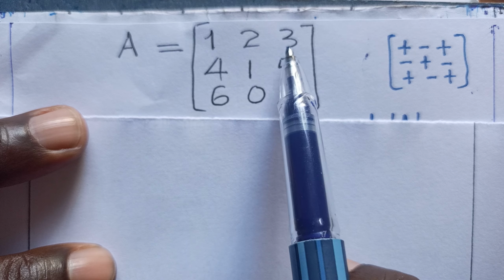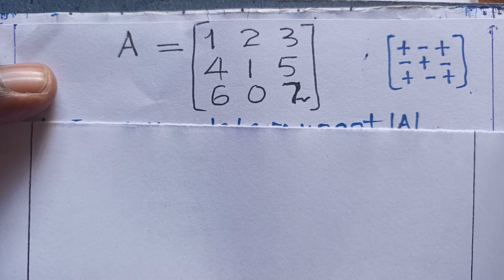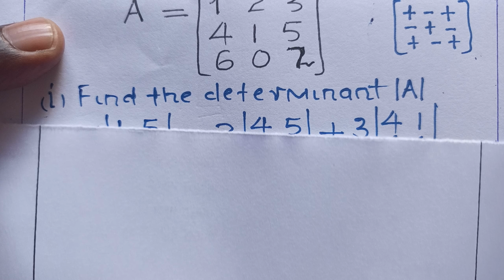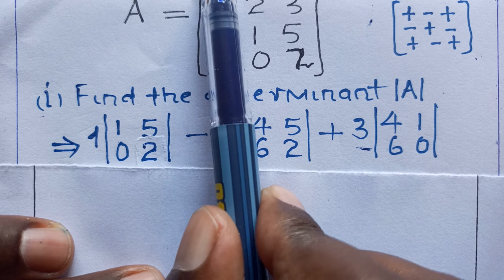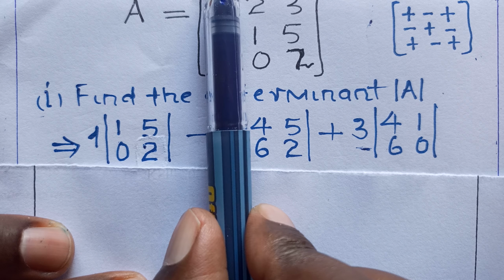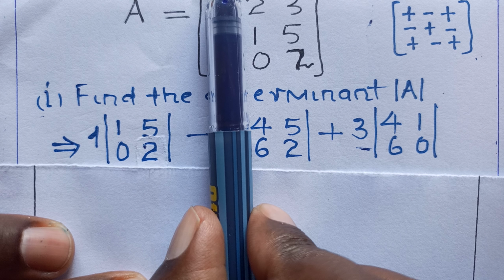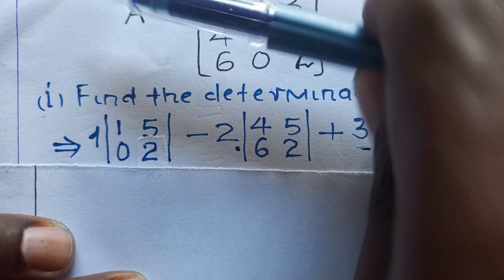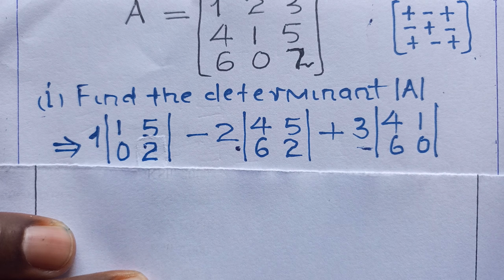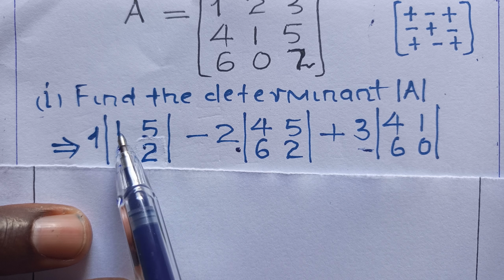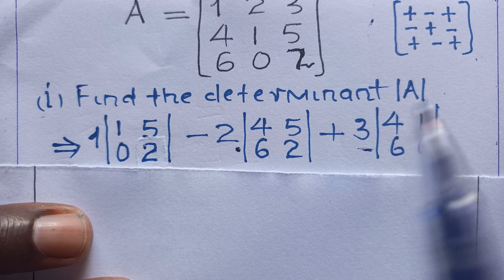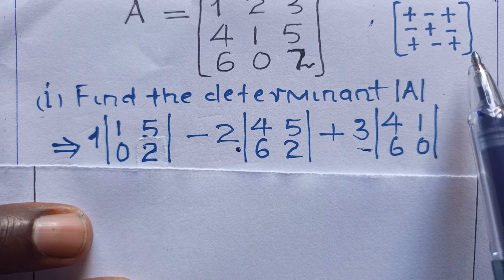And this position and this position. For the first position, guys, this is what we have. We close or hide the row and column of number 1, like that and like that. So guys, whatever remains is what we write. So for the first one, we shall have 1, 5, 0, 2. Guys, we use that pattern.